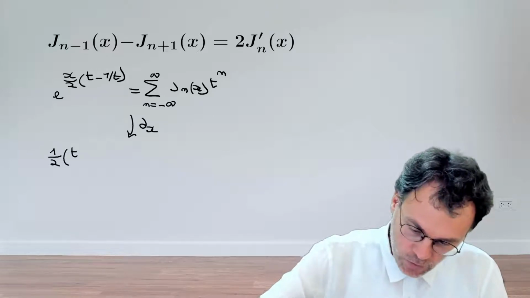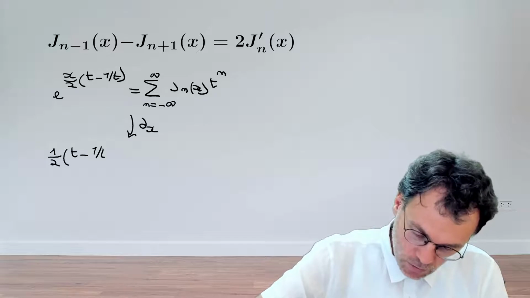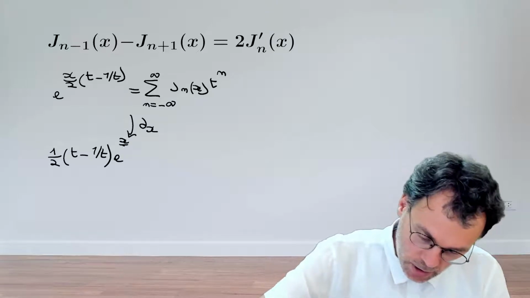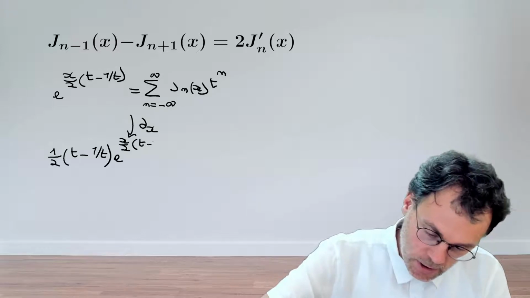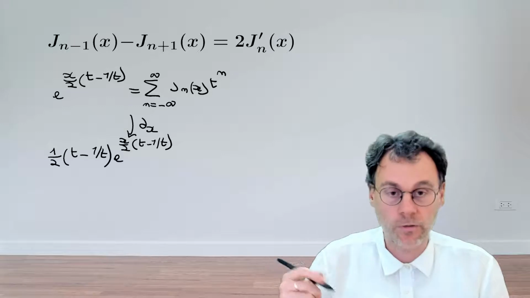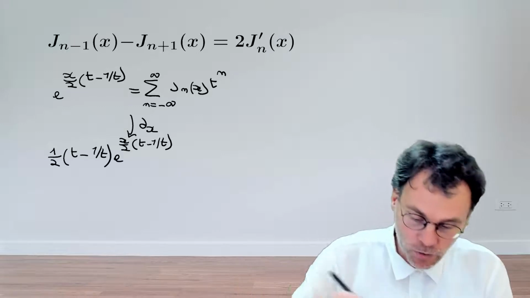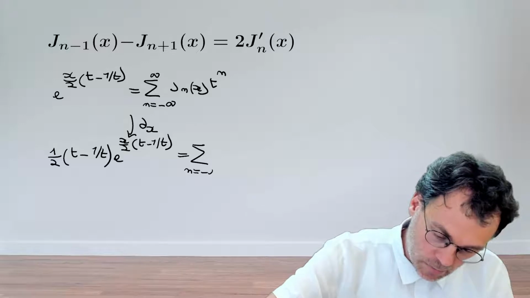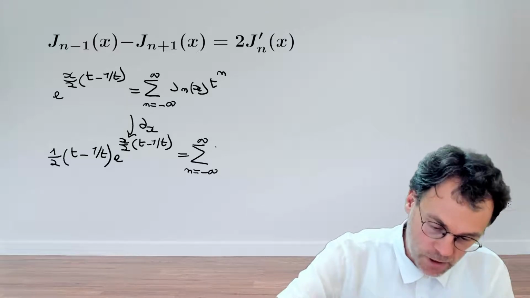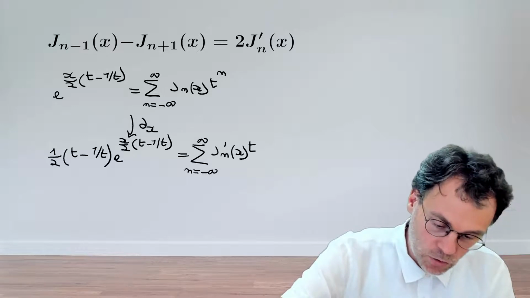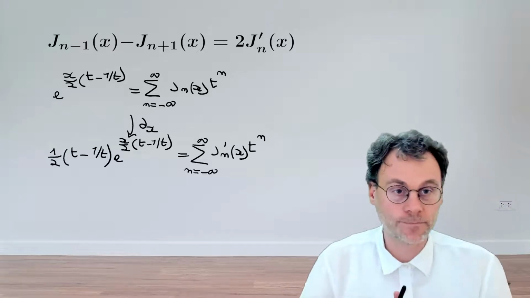So we have 1 over 2, t minus 1 over t, and then exponential x over 2, t minus 1 over t. So that's the derivative of the left-hand side with respect to x. And then for the right-hand side, the sum from n minus infinity to plus infinity of J_n'(x) t to the power of n.